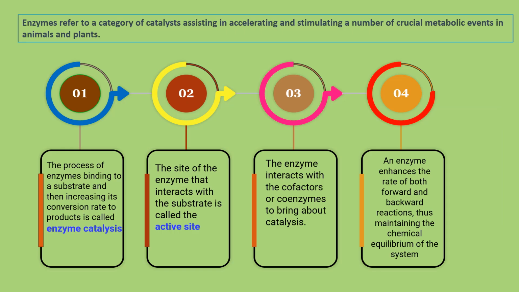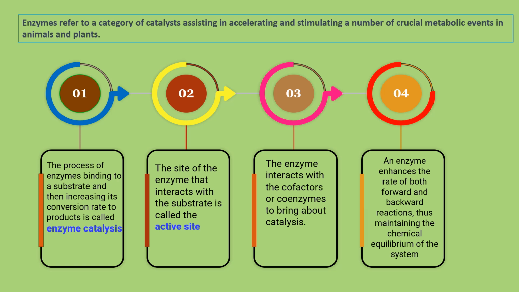So now, what is the action of enzymes? Or what is the role of enzymes in catalysis? Enzymes refer to a category of catalysts assisting in accelerating and stimulating a number of crucial metabolic events in animals and plants. The process of enzymes binding to a substrate and then increasing its conversion rate to products is called enzyme catalysis.